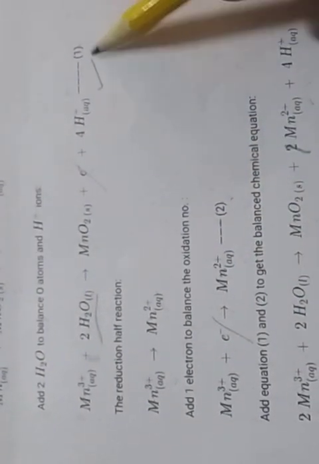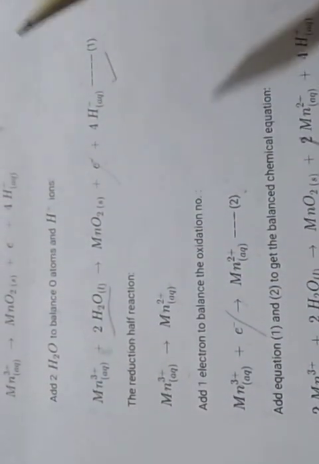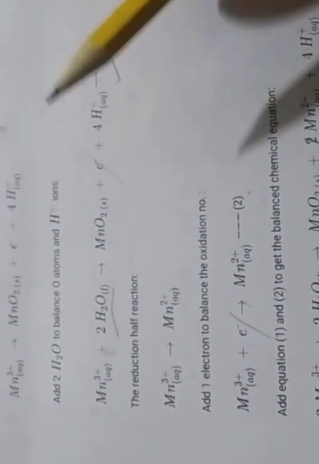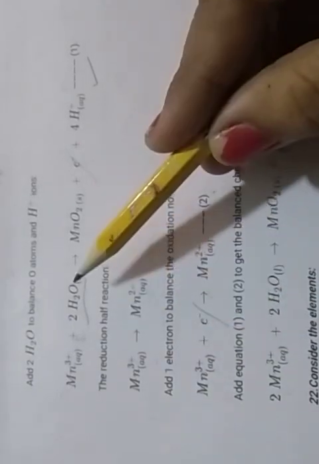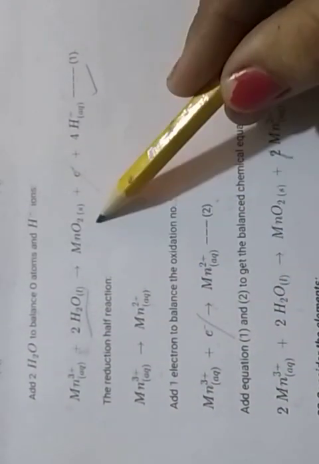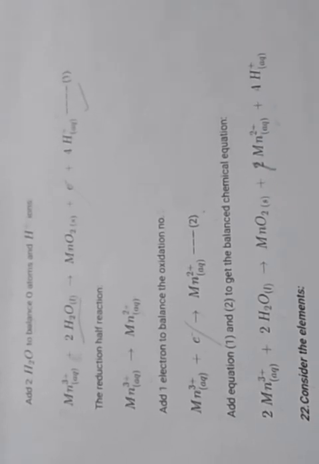In equation first and second there is 1 electron each, so no multiplication is needed. So directly we get the balanced equation: 2 Mn3 plus plus 2 water molecules give MnO2 on the right hand side, and then Mn2 plus, and plus 4H plus. So we get the balanced chemical equation.